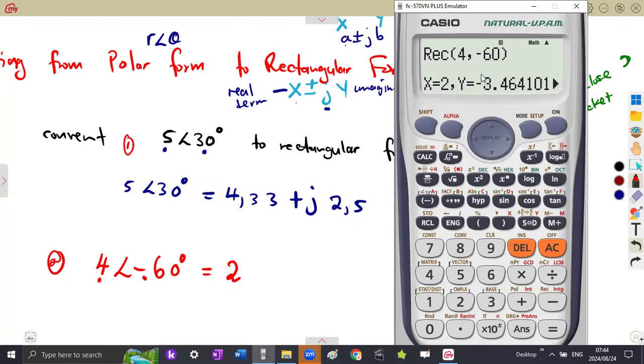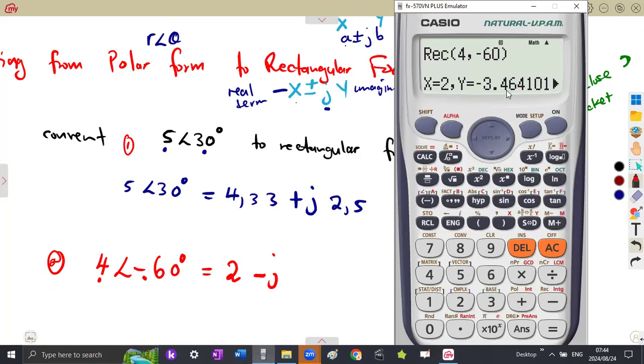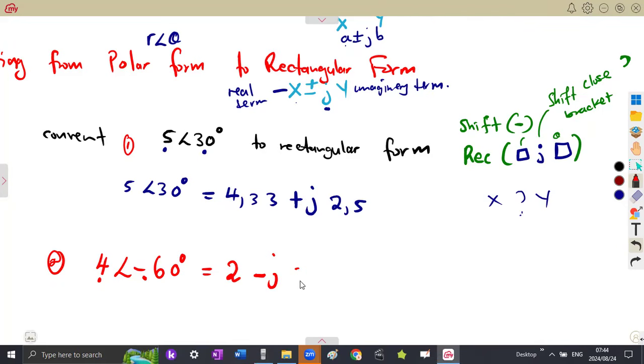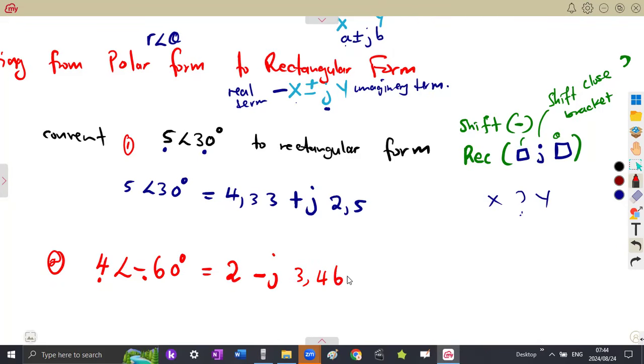The y that we have is negative, so that's minus j. We write the value of y to 3 decimal places, 3.464. That's it. We have converted to rectangular form.